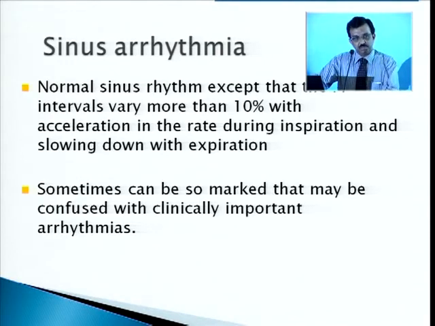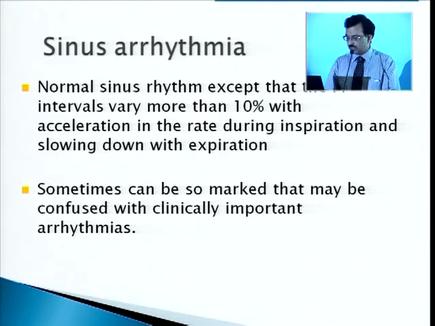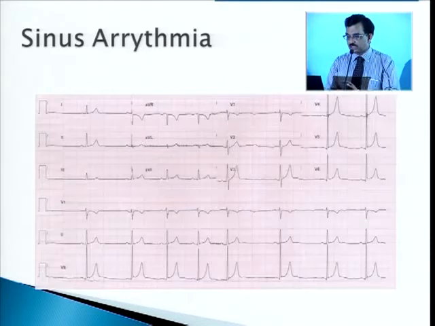When you look at the PP interval, the only thing is that acceleration occurs during inspiration and slowing occurs during expiration. Sometimes it can be very marked and clinically important, and we should be in a position to differentiate it from clinically malignant arrhythmias.